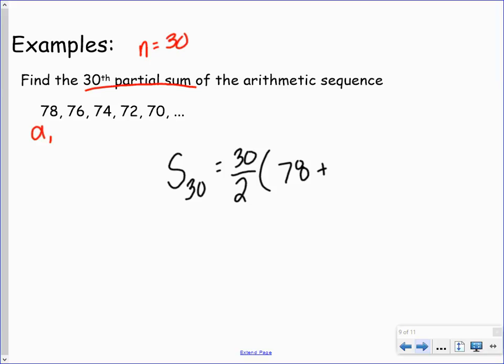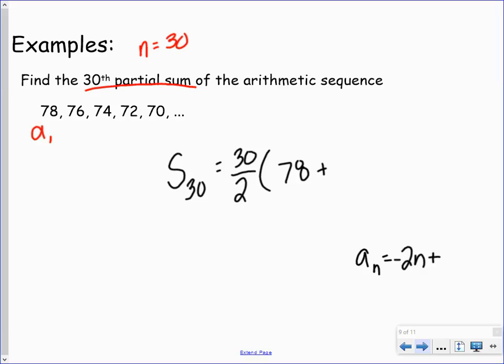You have a couple of ways to get the 30th term. Probably the worst way is to go 78, 76, 74, 72. So why not write a rule? We know that the common difference here is negative 2, so I'm going to write negative 2n. Certainly negative 2 times 1 for my first term is going to give me negative 2. That is not my first term.